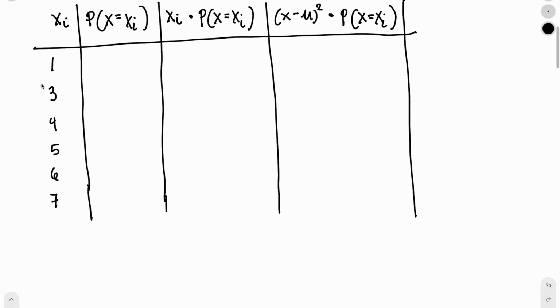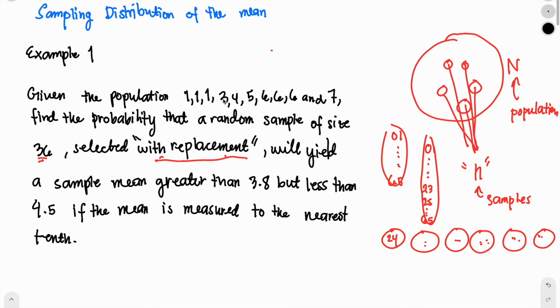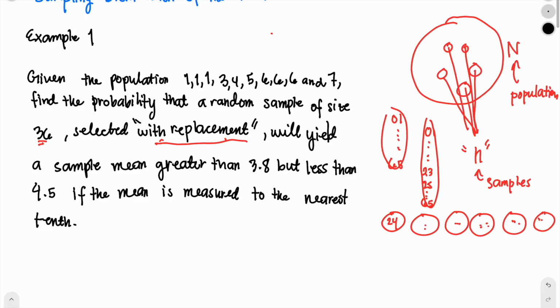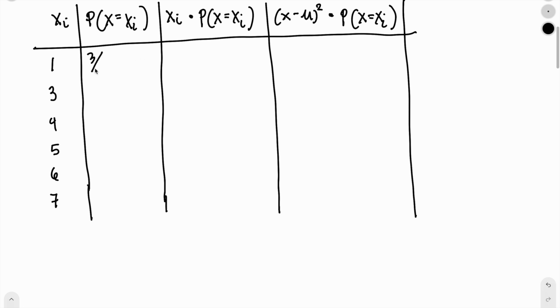Now, the question is, what is the probability that 1 will appear out of 1, 2, 3, 4, 5, 6, 7, 8, 9, 10? 10 is the capital N, I mean, given the population here. How many times does 1 appear? It appears 3 over 10, right? 3 over 10, or 0.3.